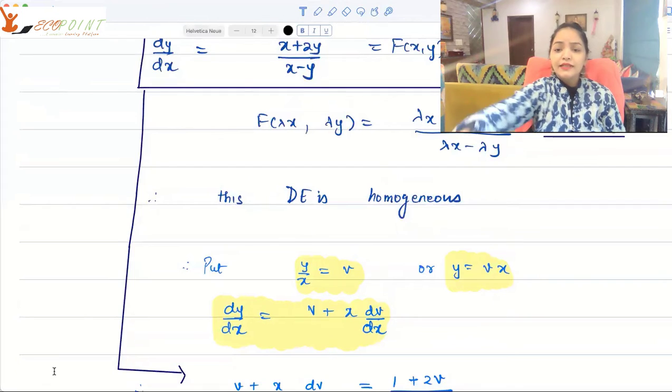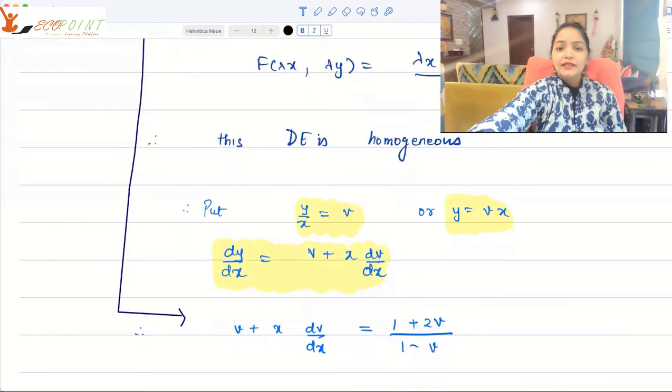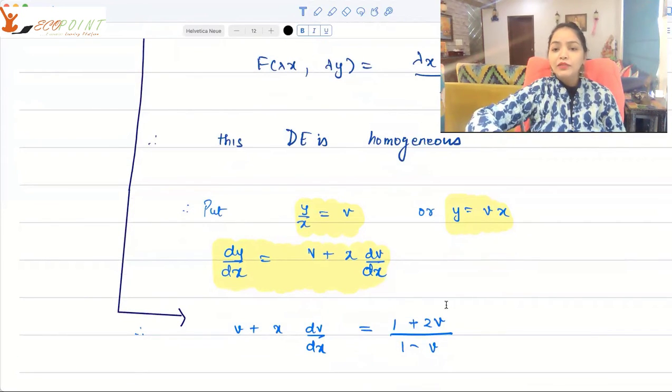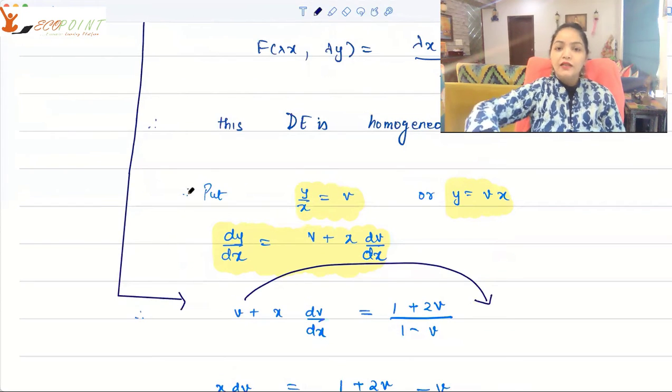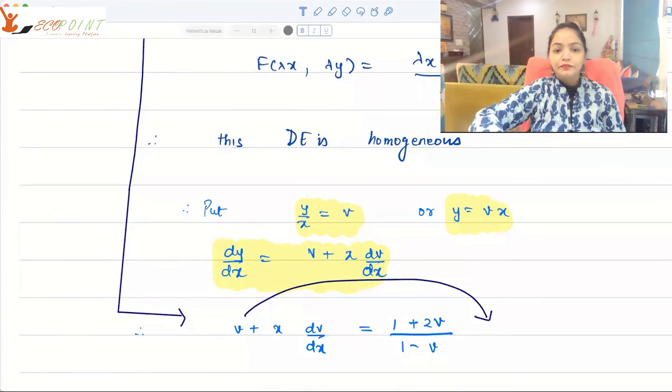And your right-hand side clearly is 1 plus 2v upon 1 minus v, because we are writing it all in terms of y by x. For this, you will have to take everything in terms of v to one side.